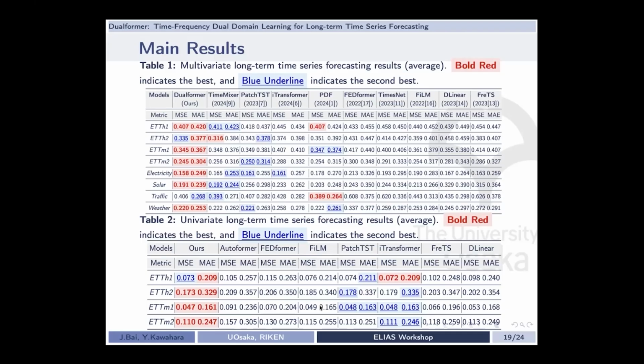So here we show multivariate and univariate time series forecasting results over 4 different prediction horizons. Here's the average result. As you can see, our proposed model outperforms the other existing models. So this is the main result.